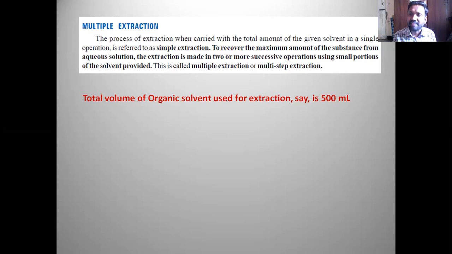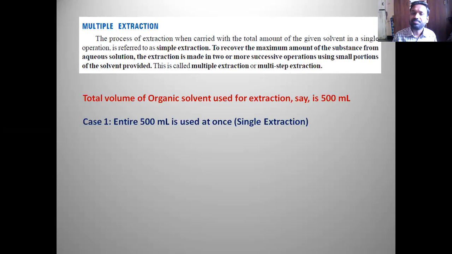For this process, I have given you 500 ml of organic solvent. What will you do? You can put that 500 ml of organic solvent at once, shake it, collect the organic layer, evaporate, and get the compound. So this is called a single extraction process. Why? Because the entire 500 ml is used at once.